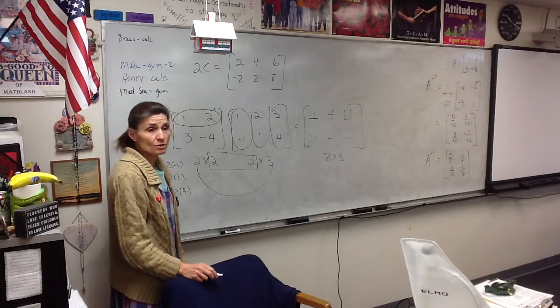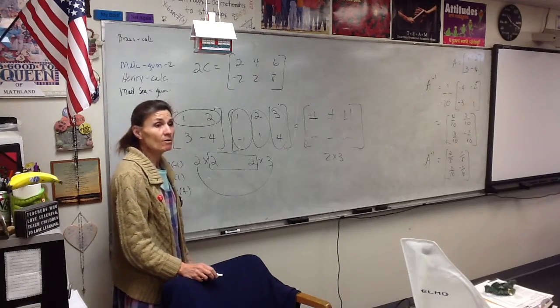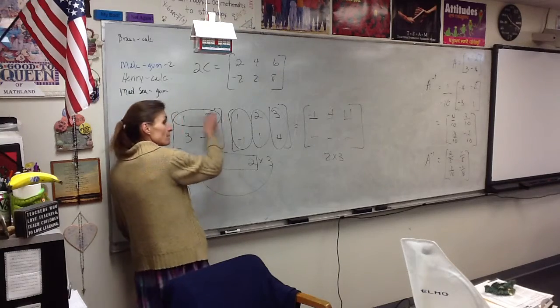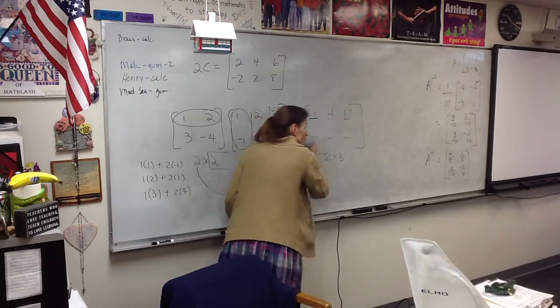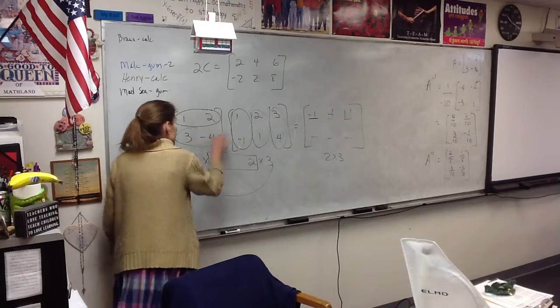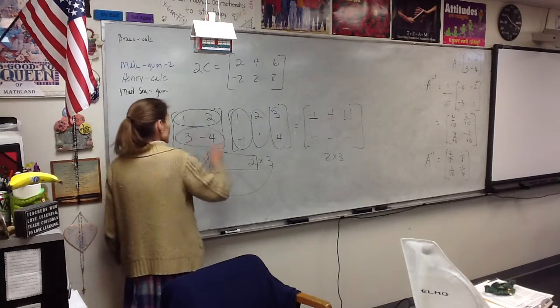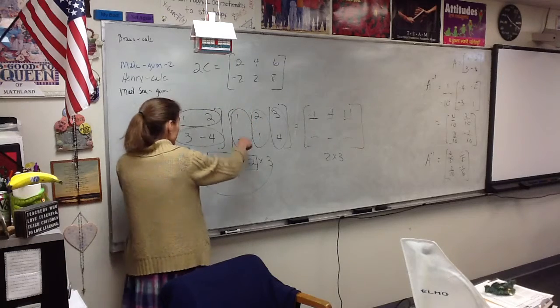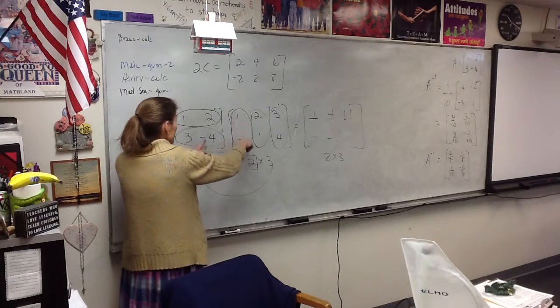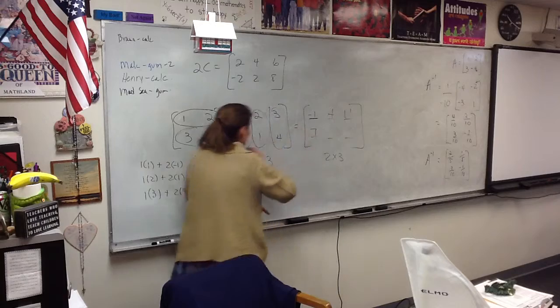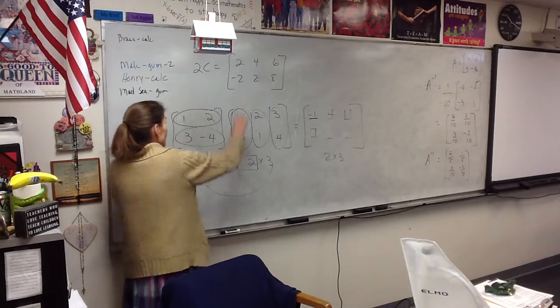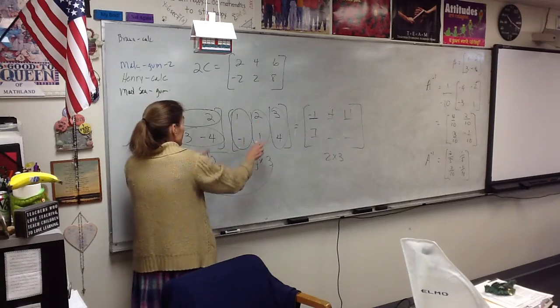Now, are we going to do exactly the same thing now? Yep, only instead of using the first row, now we're going to have to use the second row. But you're going to take the second row times the first column. So 3 plus 4. Second row, second column, 6 minus 4.